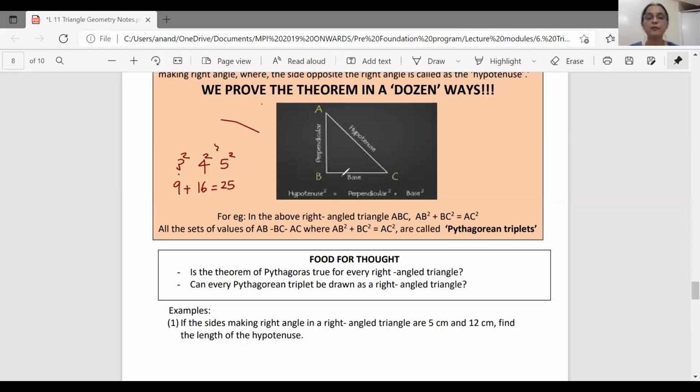So if two sides of a right angle triangle are 3 and 4, the third side will be 5. This is the smallest. All such sets will be called Pythagorean triplets. Now, this is true for every right angle triangle, and from every Pythagorean triplet, we can draw a right angle triangle.